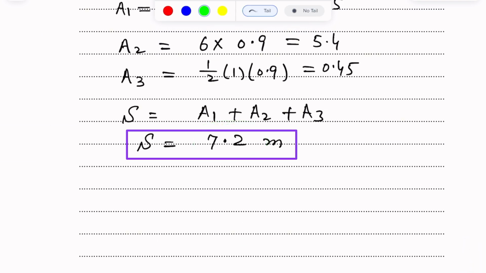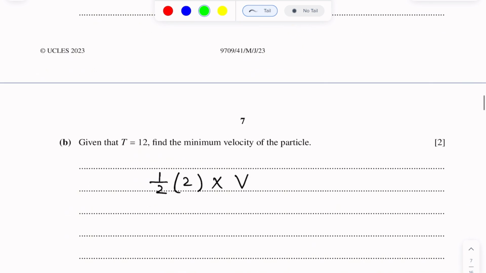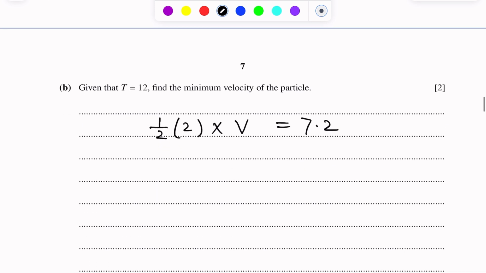This distance we have already found, so this is equal to 7.2. So from here we get b is equal to 7.2 meters per second. So this is the minimum speed, this is the minimum velocity.